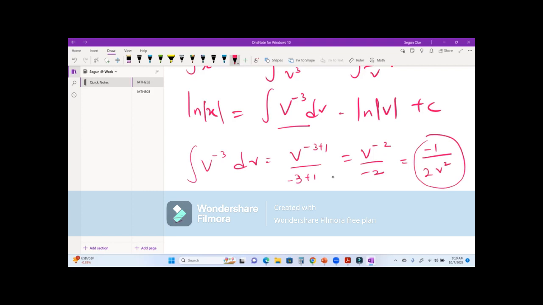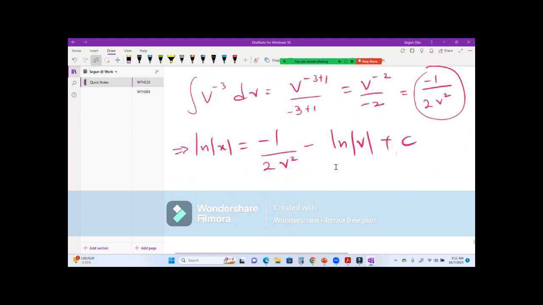So we are going to add everything: the integral of this equals, let me just substitute the answer, not integral again. I've done the integration separately. So it's going to be minus 1 all over 2v squared minus ln v plus c.